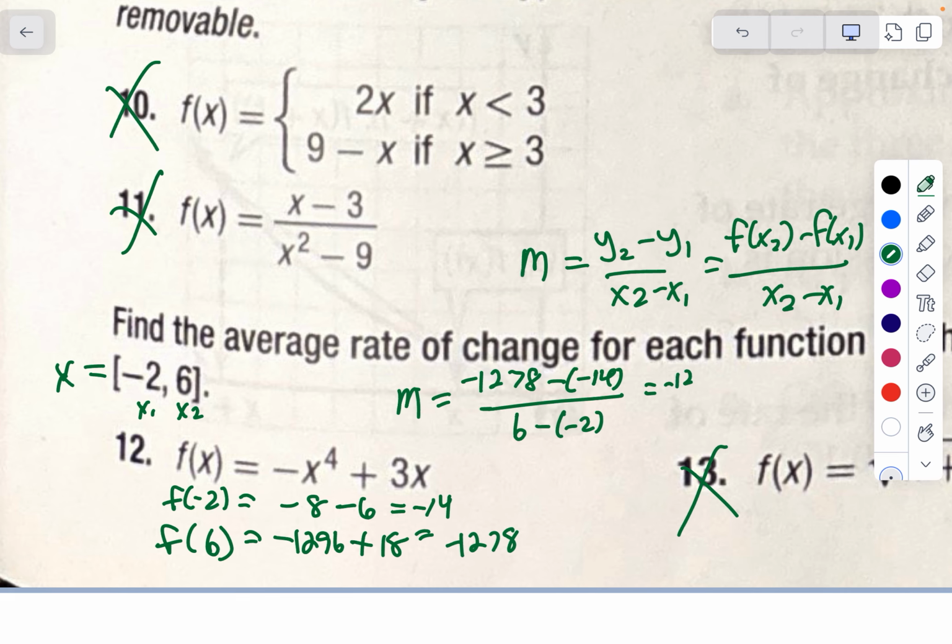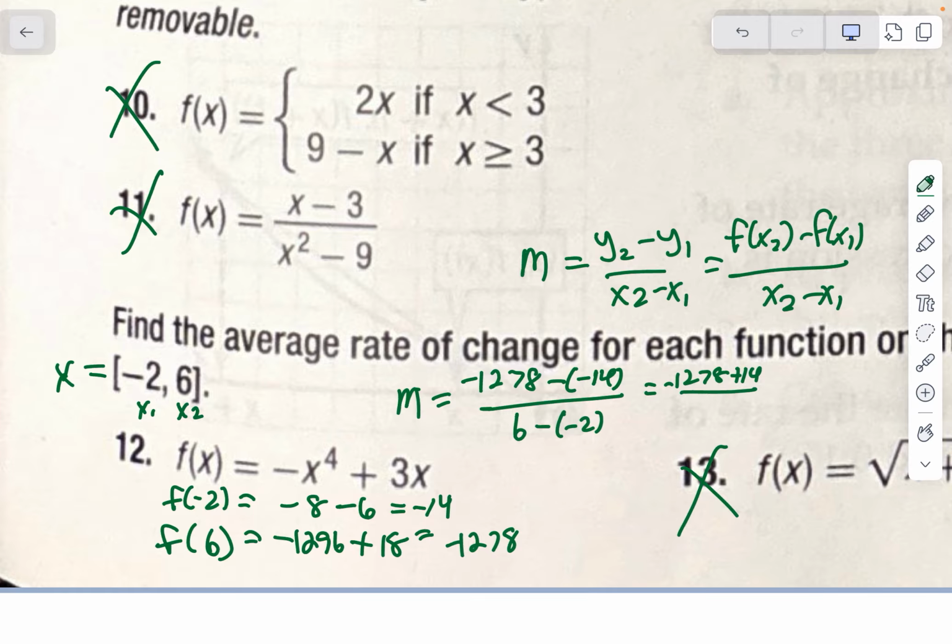That's really -1278 plus 14 over 6 plus 2. Which is -1264 divided by 8, which is -158.